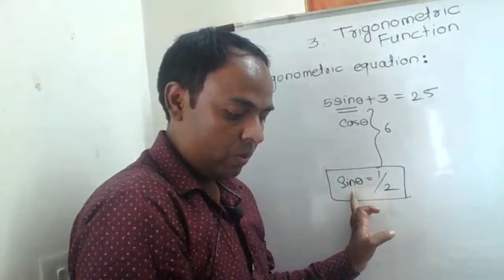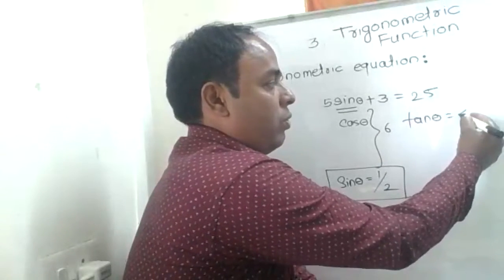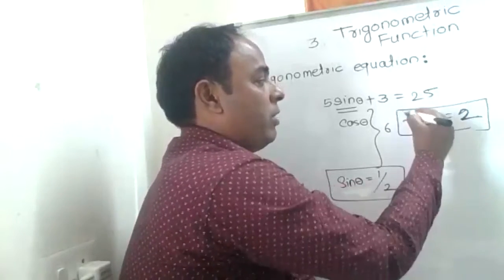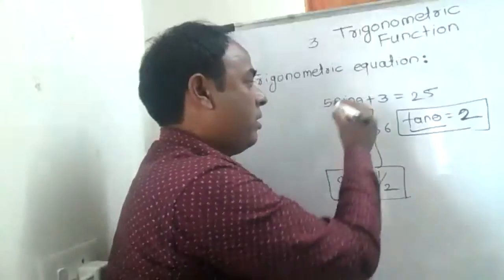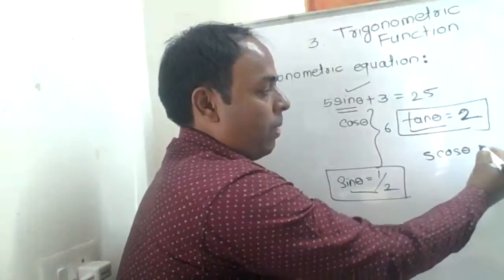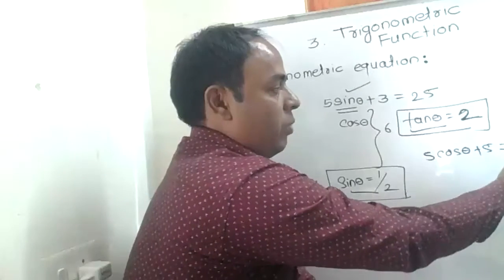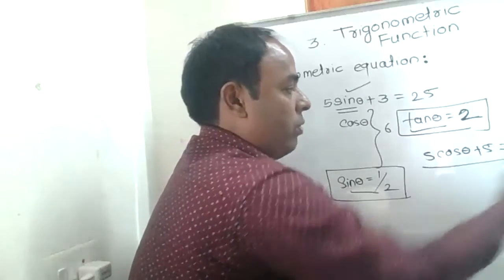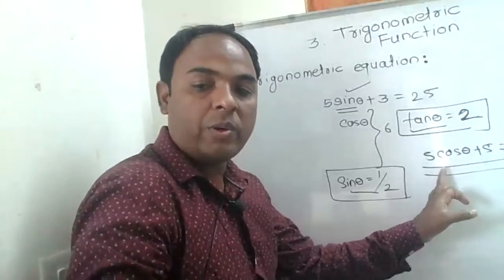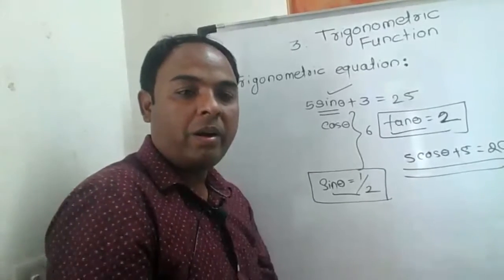Okay? So next one, tan theta is equal to 2. So there is an involvement of a trigonometric function. Tan theta, sine theta, just like 5 cos theta plus 5 is equal to 20. So this is also a trigonometric equation, because there exist trigonometric functions.